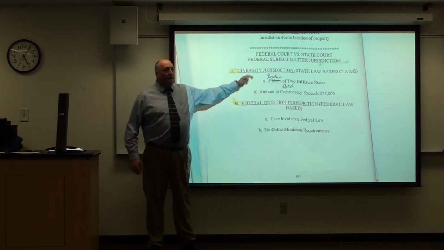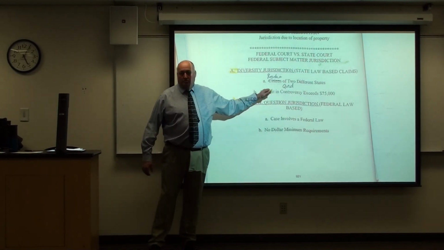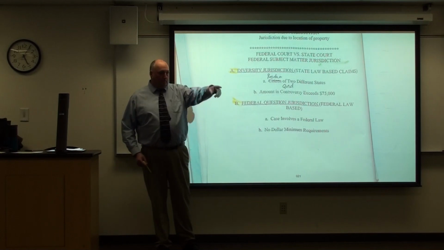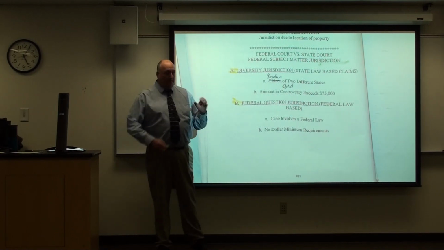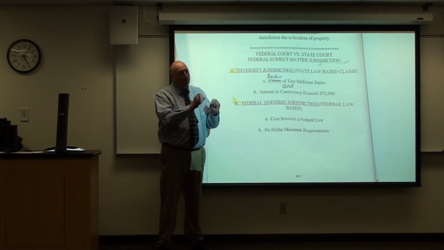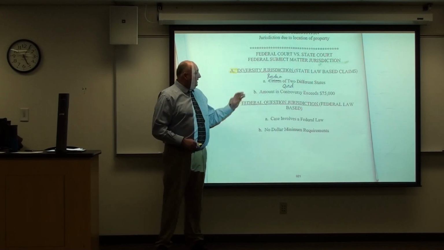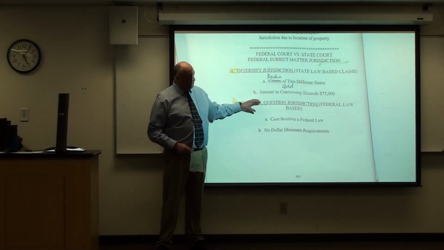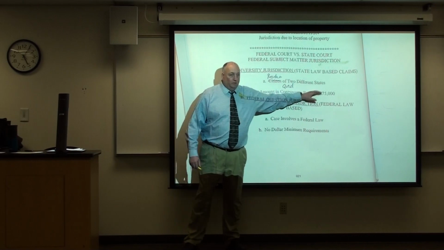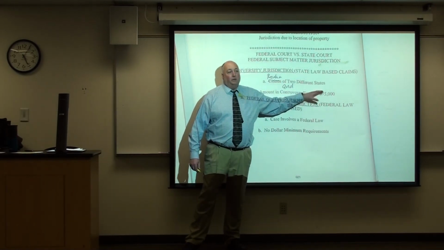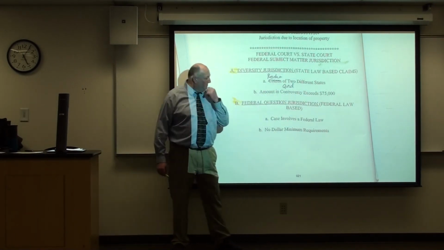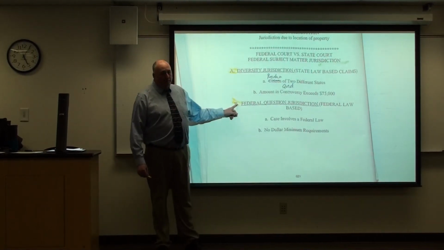So I guarantee you, I will test you on these. I want you to know both of these. And like the example that you brought up, I'll say, okay, does the federal court apply here or not? You're going to want to memorize this, including the dollar amount. Usually I don't care if you know a dollar amount, this time I do. I want you to know the dollar amount. All right, so I'm going to start with letter B.